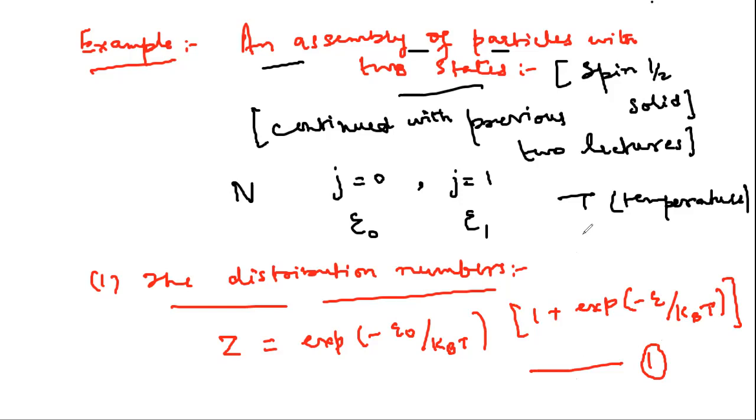We named this equation 1 in the previous lectures. It is the partition function of this assembly, where epsilon is the energy difference between the energy levels, so it is epsilon 1 minus epsilon naught.